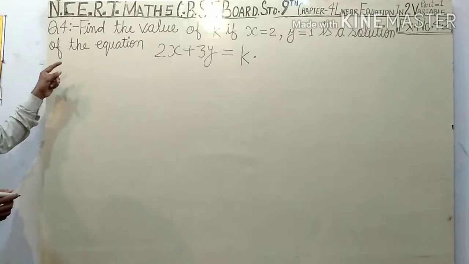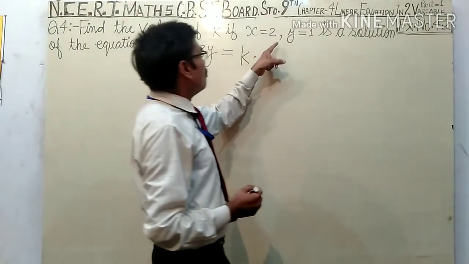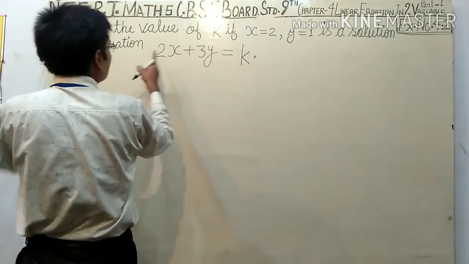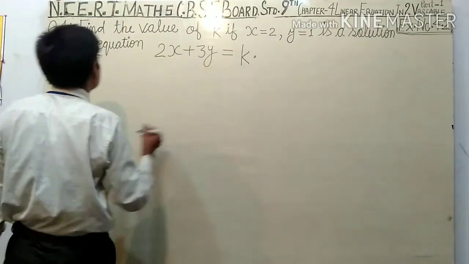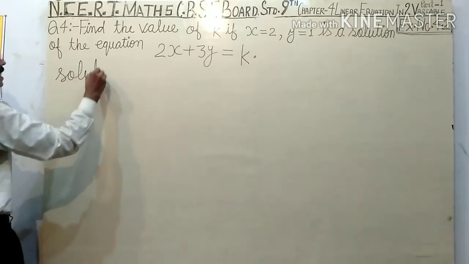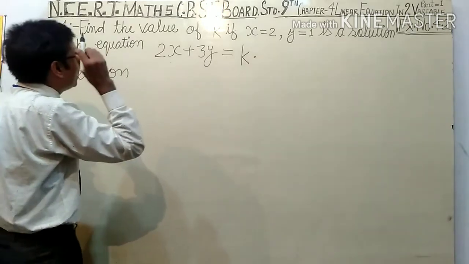Now students, find the value of k if x is equal to 2, y is equal to 1 is a solution of the equation 2x plus 3y is equal to k. Let's start with writing the solution. Students, this is very easy. You have to put the values of x and y in the given equation.